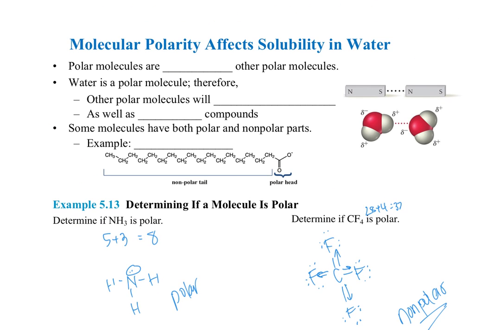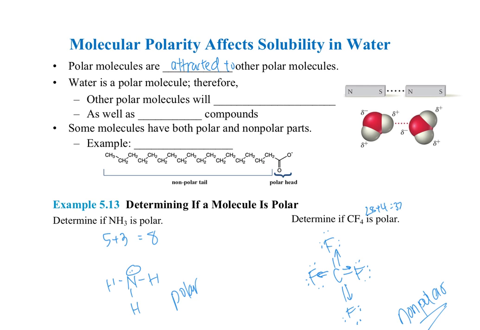Up here we have some quick things, which we'll talk about in our solutions chapter, but in general, polarity is going to matter. Polar molecules are attracted to other polar molecules, and that's because they're basically like little magnets.